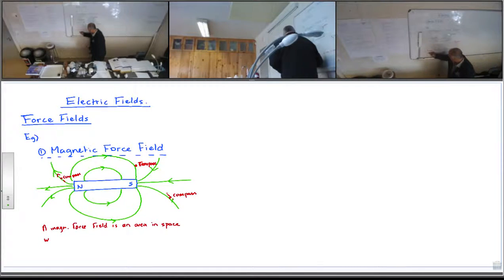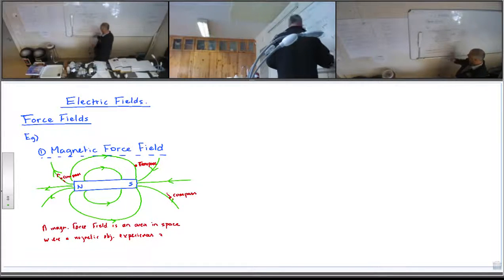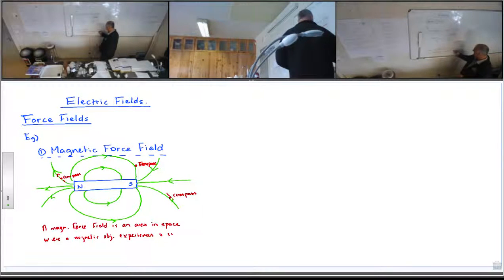Where a magnetic object experiences a what type of force? A magnetic force.